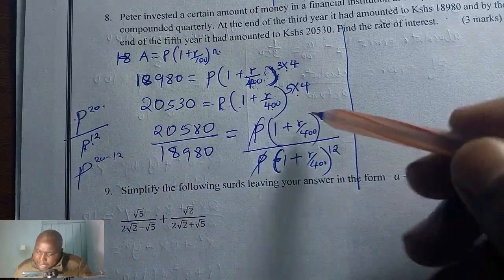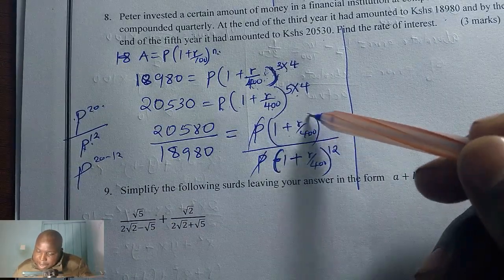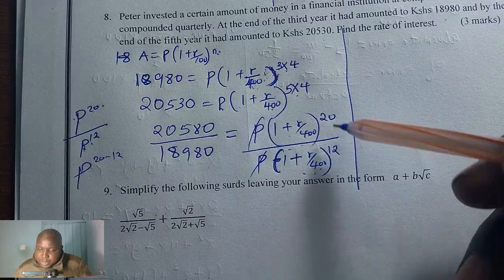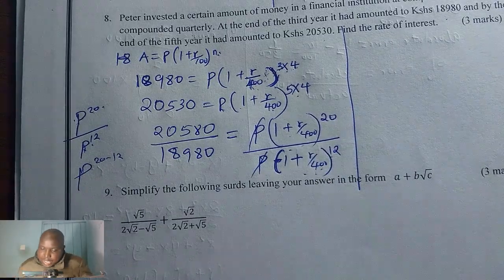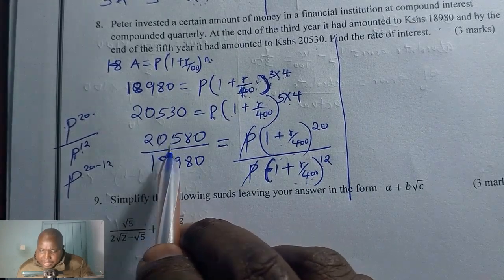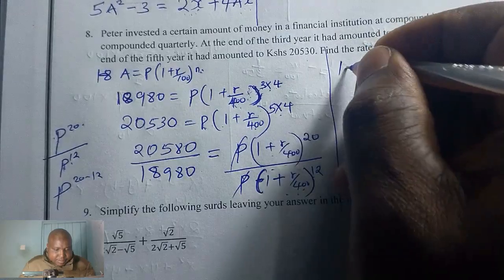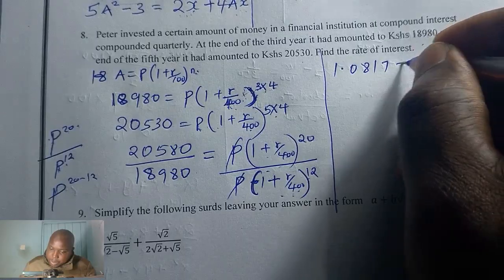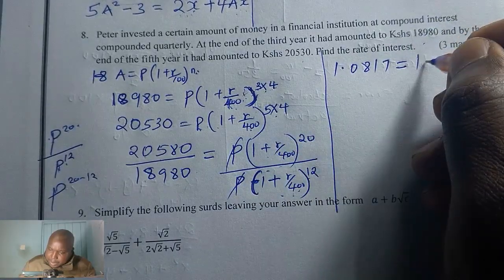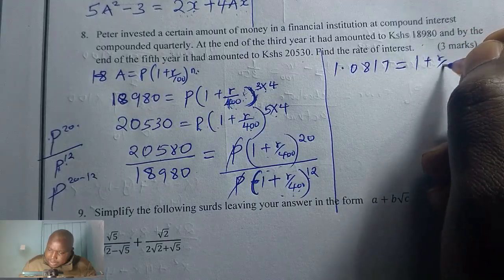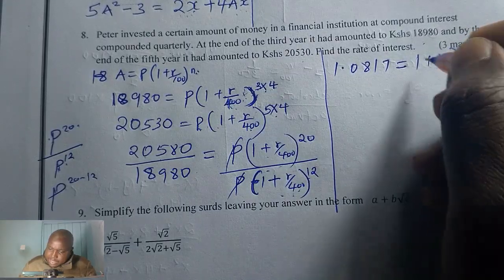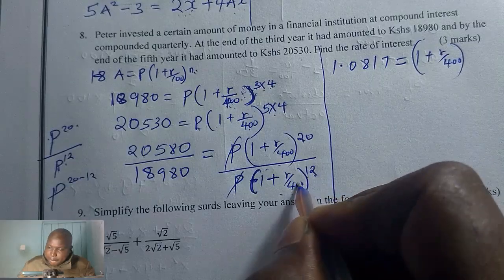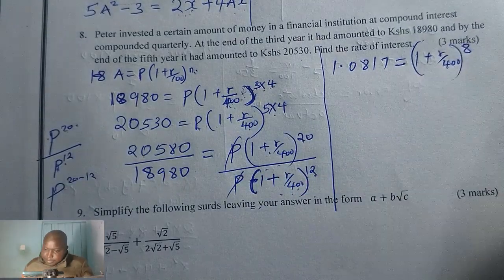The same thing, 1 plus r over 400 is the base, the bases are the same, so we are going to deal with the powers. 20,580 divided by this, the answer is going to be 1.0817, which is equal to 1 plus r over 400, raised to power 20 minus 12, because the bases are the same. It's going to be 8.